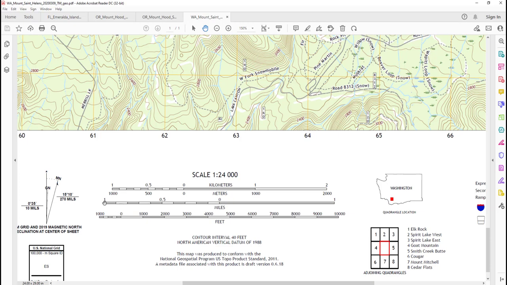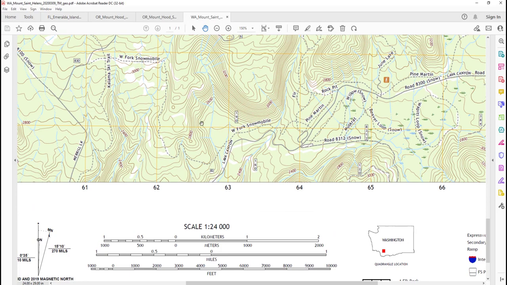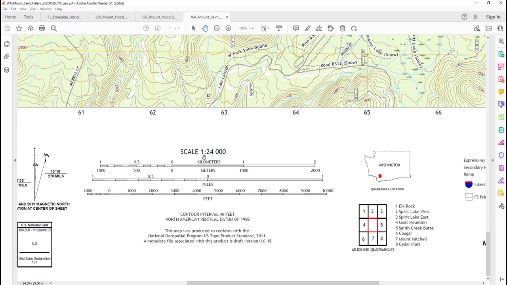Once again, actually measure it. Don't just eyeball it the way I am, but you get the idea. If I want to know a distance on the map, I make a couple of tick marks on a piece of paper, then I can lay those directly on this if I want to know feet, maybe on this if I wanted to know it in miles, or maybe on this if I wanted to know it in kilometers.